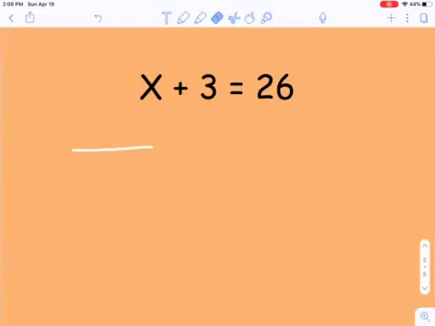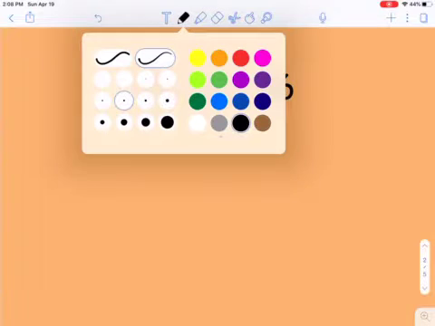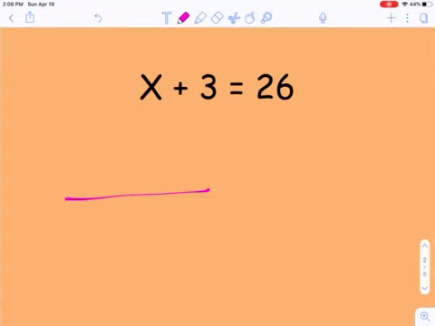Imagine a teeter-totter with a fulcrum, and you've got x plus 3 on one side and 26 on the other side. Because they're equal, they're balanced, so one side's not going down while the other one's going up.